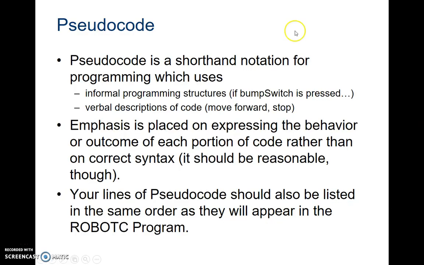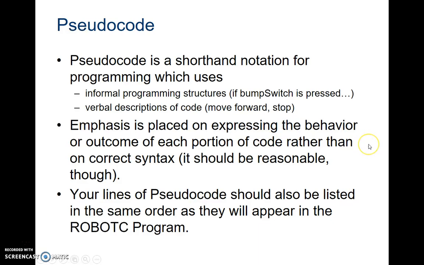Pseudocode is shorthand notation for programming, which uses a couple things. Number one, it's informal programming structures, so it's not lines of code. It's things like if bump switch is pressed, and it's verbal descriptions of code like move forward, comma, stop. So it's really shorthand for coding. And the emphasis is placed on expressing the behavior or outcome of each portion of code rather than the correct syntax or sentence structure.